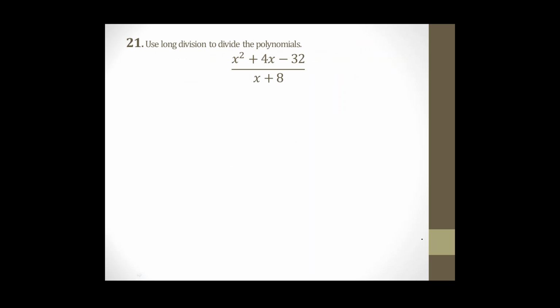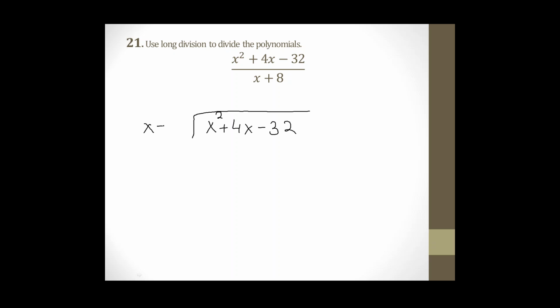All right. This one is using long division, my favorite actually. And I believe we did it in the beginning of the semester, so I hope you guys remember how to set up a long division problem. So write the top equation, and then in front you're writing the divisor.